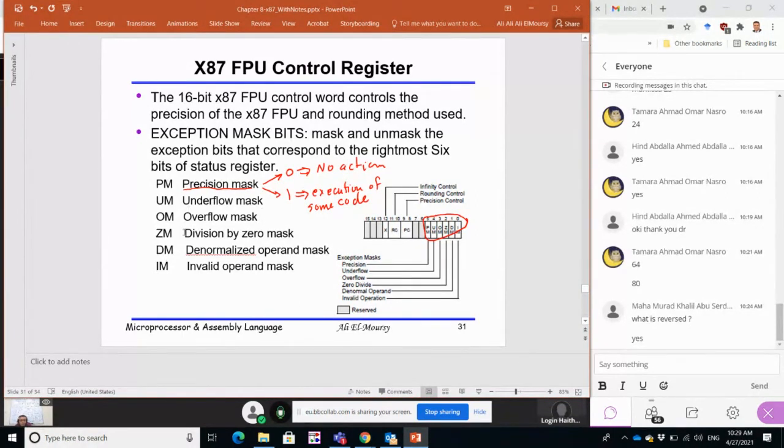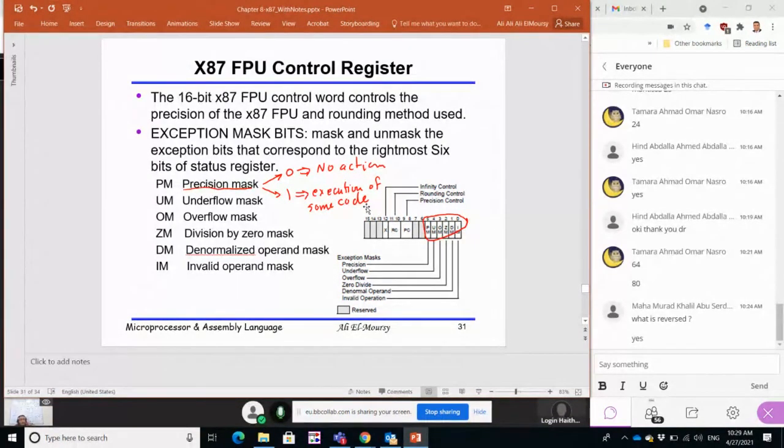Okay, for those masking bits, if the bit equals 0, there is no action that will be taken if the exception happens. If the mask is 1, that means I may call some code to recover from the exception or to inform the end user about the exception.